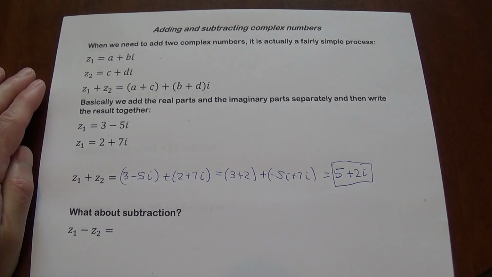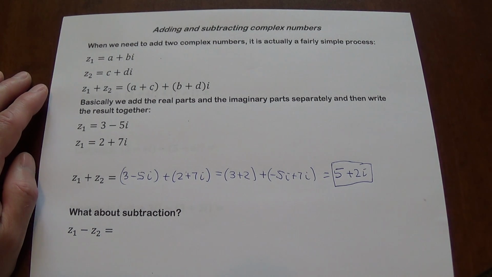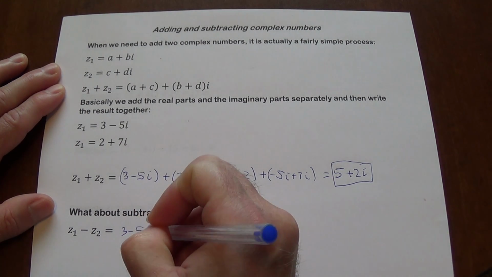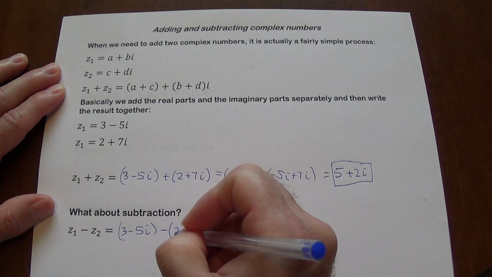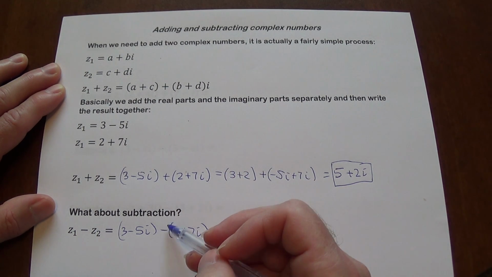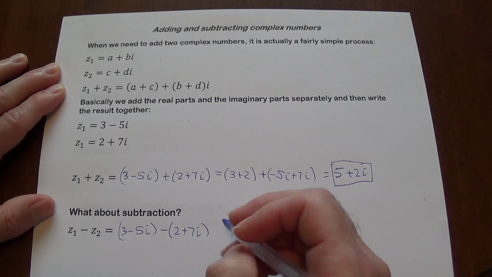Okay. So how do you subtract? Well, you can probably understand you basically do the same thing, you just use subtraction instead of addition. So we're going to do 3 minus 5i minus (2 plus 7i). Just like in algebra, there's a negative here, you distribute negative 1.